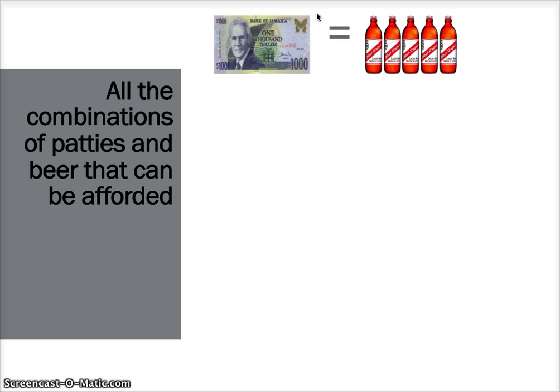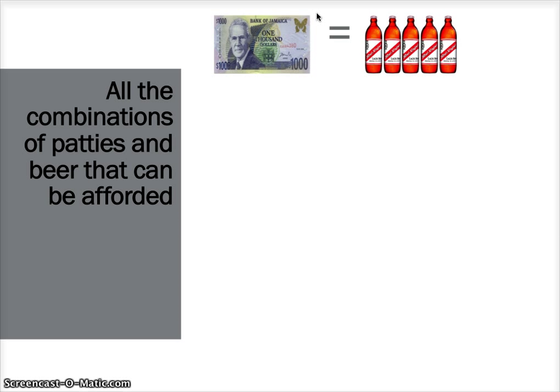Suppose the consumer decides to give up one of the beers. So instead of consuming 5 beers, they consume 4 beers instead. This will cost a total of $800, 4 times $200. This will leave the consumer with how much? They have a total income of $1,000. 4 beers will cost $800.